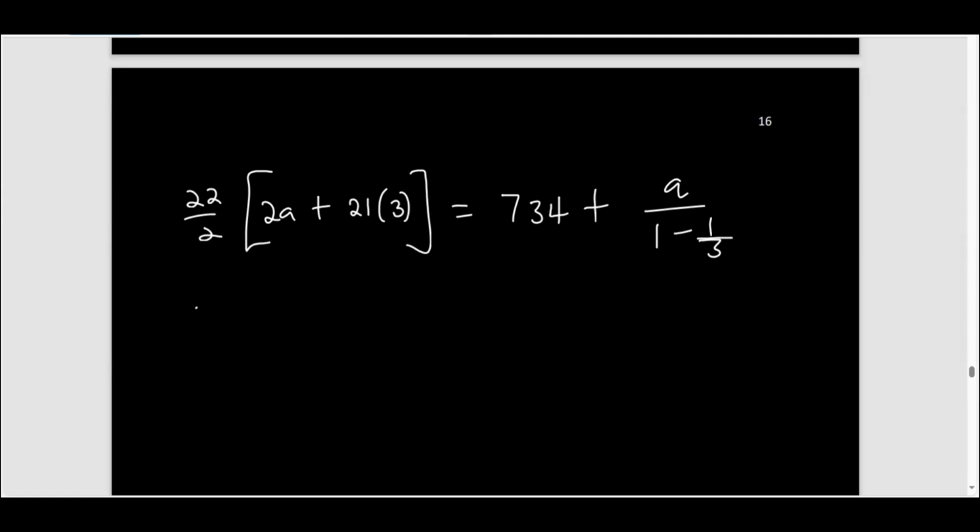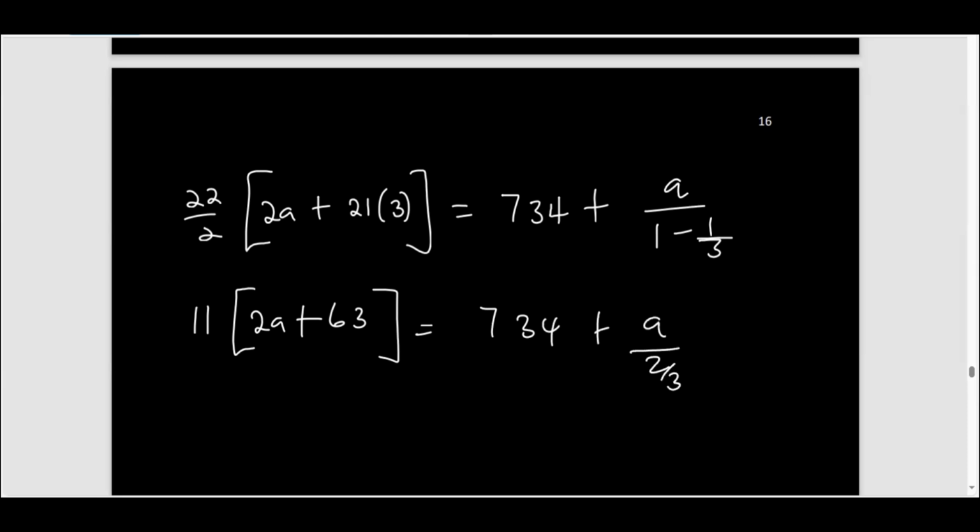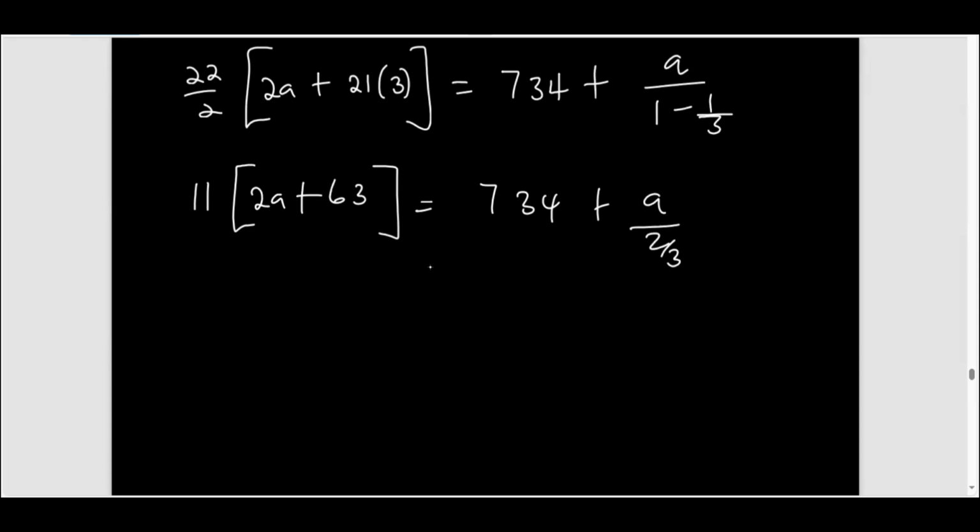So that's 11 into 2a plus 63 is equal to 734 plus a over 2/3. This becomes 22a plus 63 times 11. I get 693 is equal to 734 plus, I can have 3 over 2a, just flip it around.